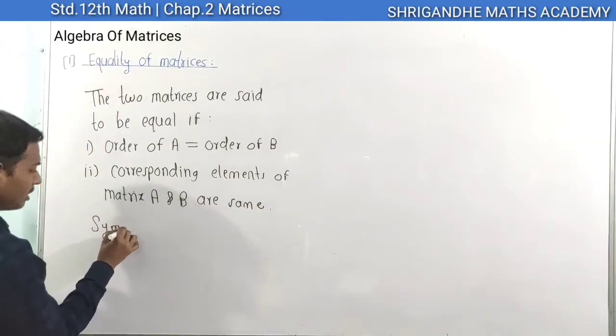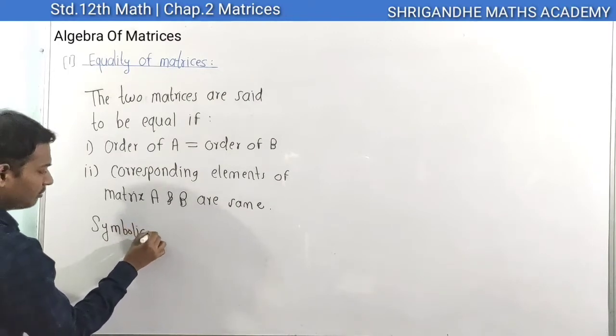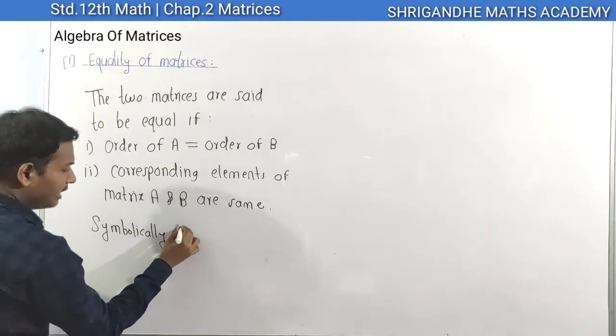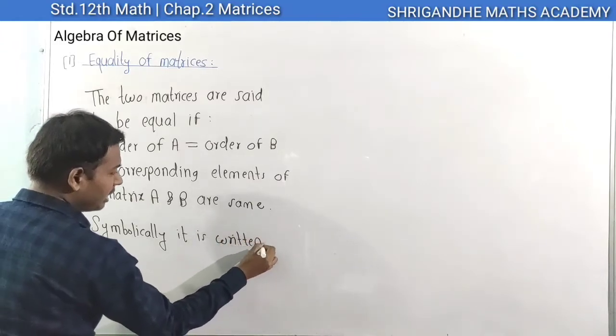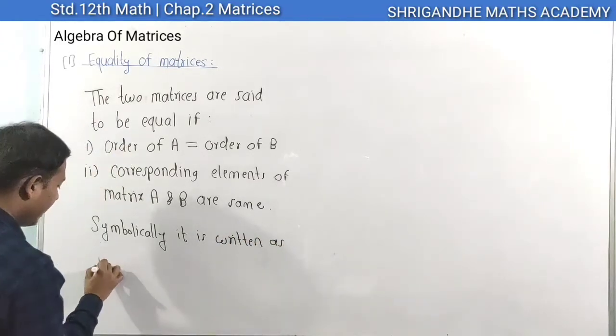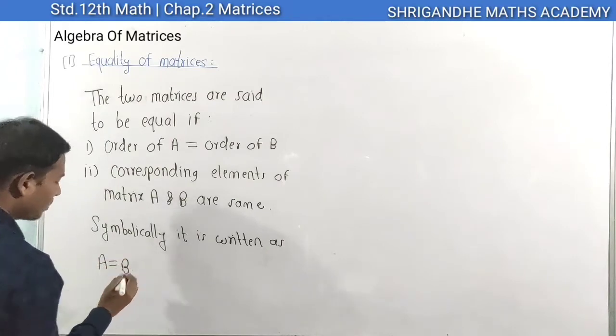Symbolically, it is written as A is equal to B.